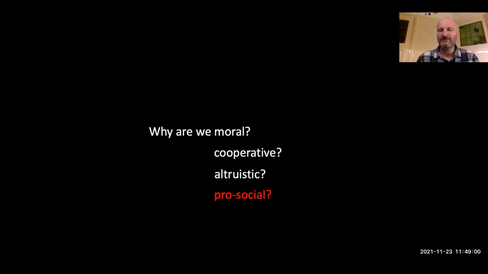It's fine if we call the behavior that we try to explain cooperative or altruistic or pro-social. What we are trying to explain is all deviations that humans have from simple selfishness. The details do matter, but for now, I'm not going to be very picky about the label.